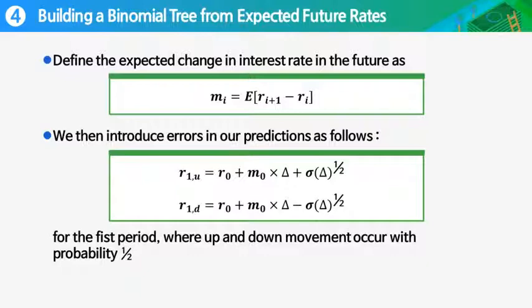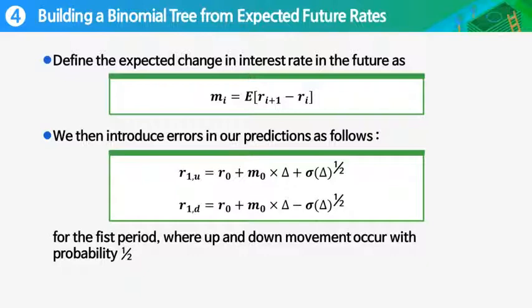There is one way to generate interest rate tree. First, define the expected change in interest rate in the future. So you can ask an interest rate strategist what is the expected change of interest rate for the next 6 months, something like this. Okay, so you can define expected change in interest rate.